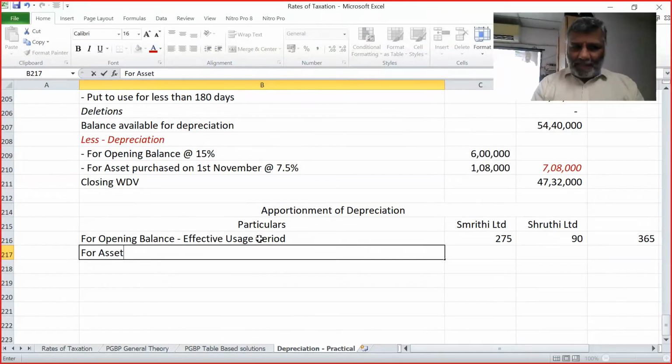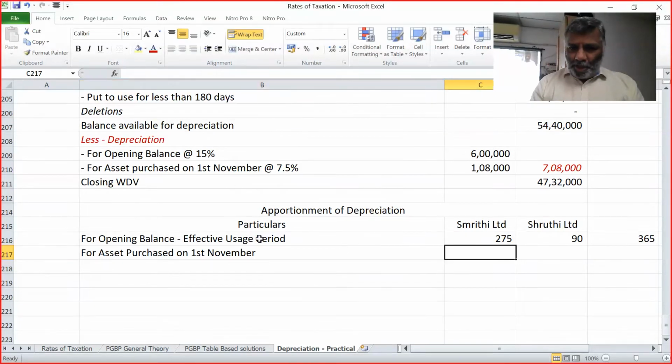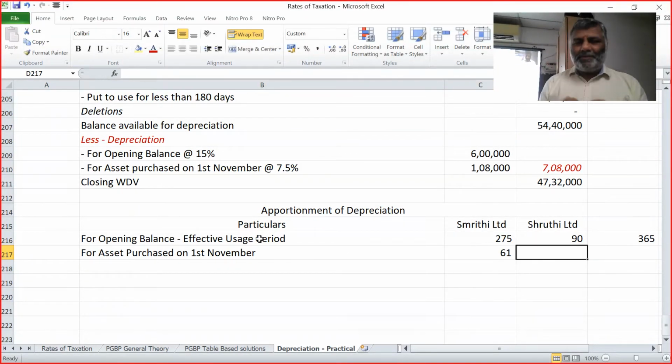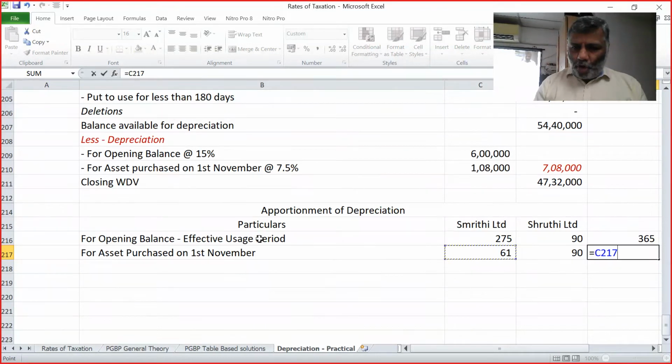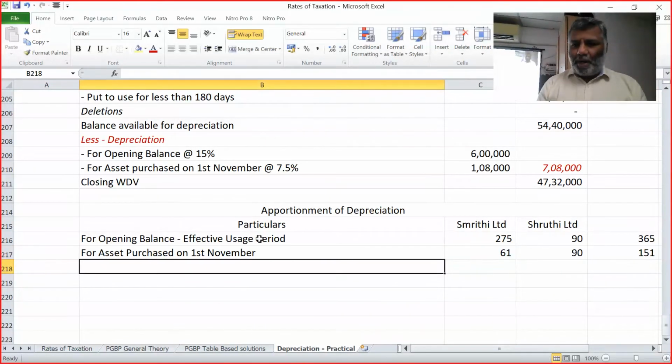For the asset purchased on 1st November, for Smriti Limited it will be 30 plus 31, 61 days. For Shruti Limited it will be 90 days, totally 151 days.